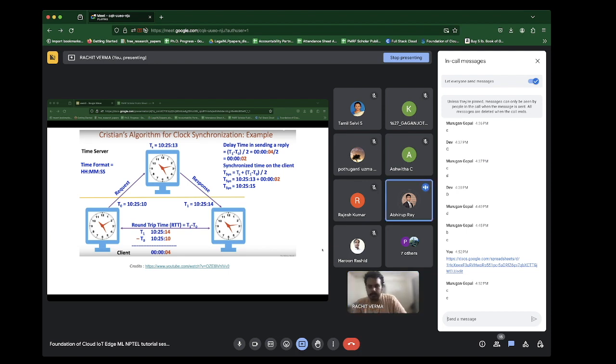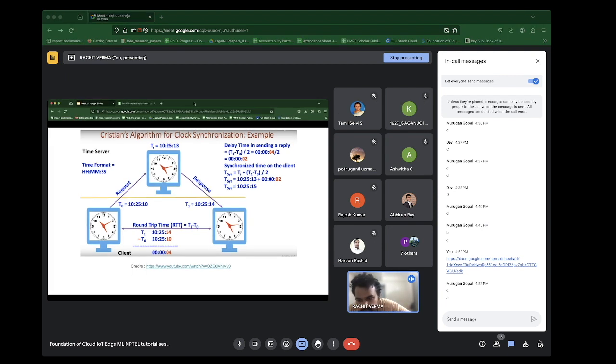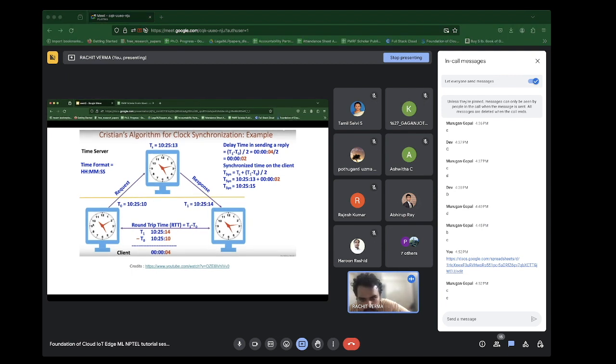Over here I have a client and a server, and I want both of these to synchronize to this big universal time keeping clock.